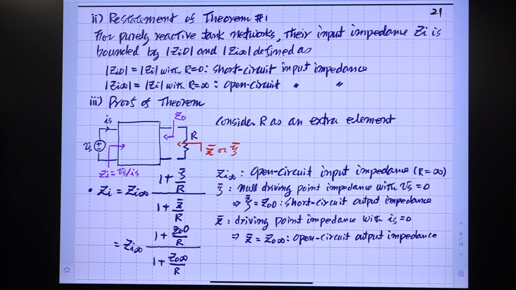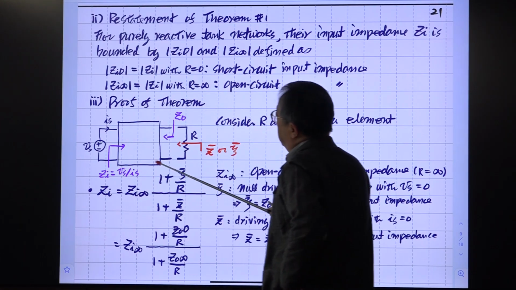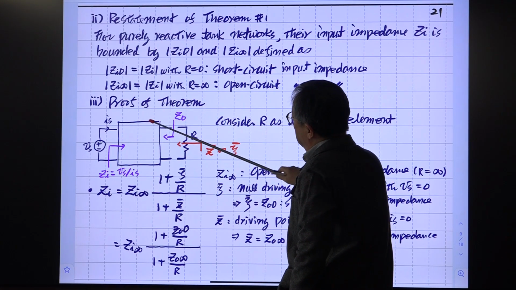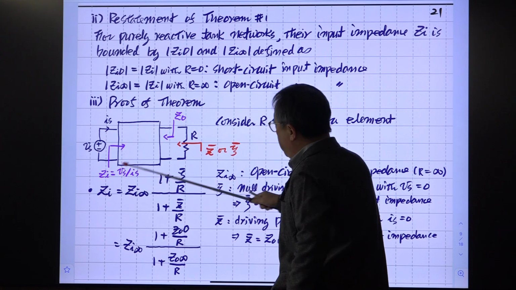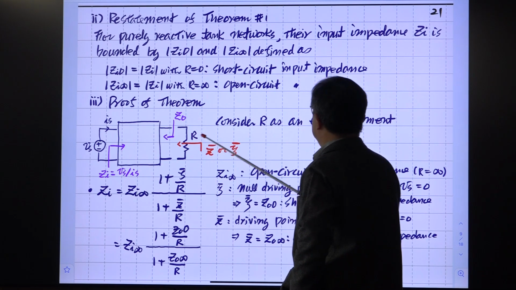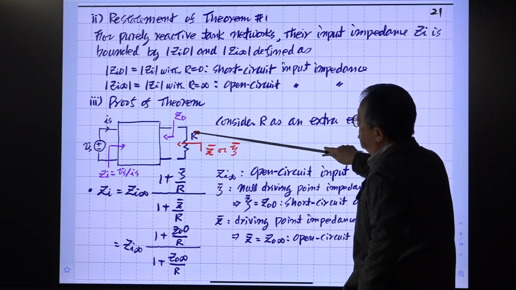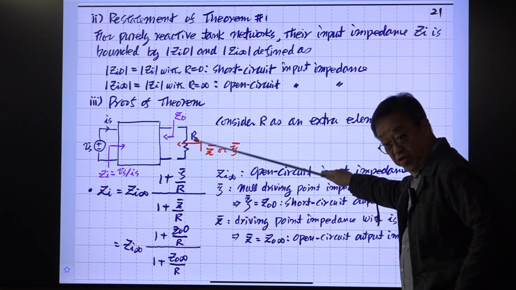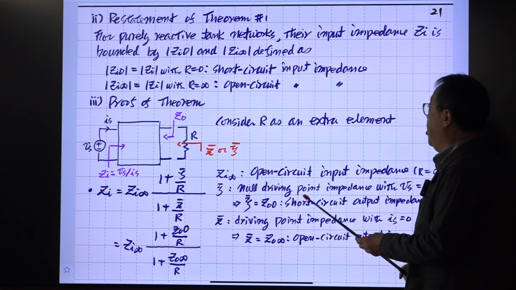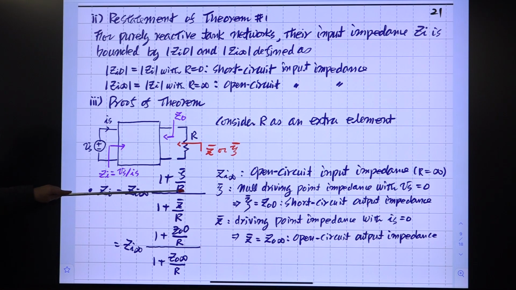So first, to prove this. This is the situation, the inverter model, and we are interested in the input impedance GI seen by the input port. We consider R as an extra element. Initially this is assumed to be infinite, the open circuit, and the equation of GI in the presence of R, which is a finite value, is given by this.